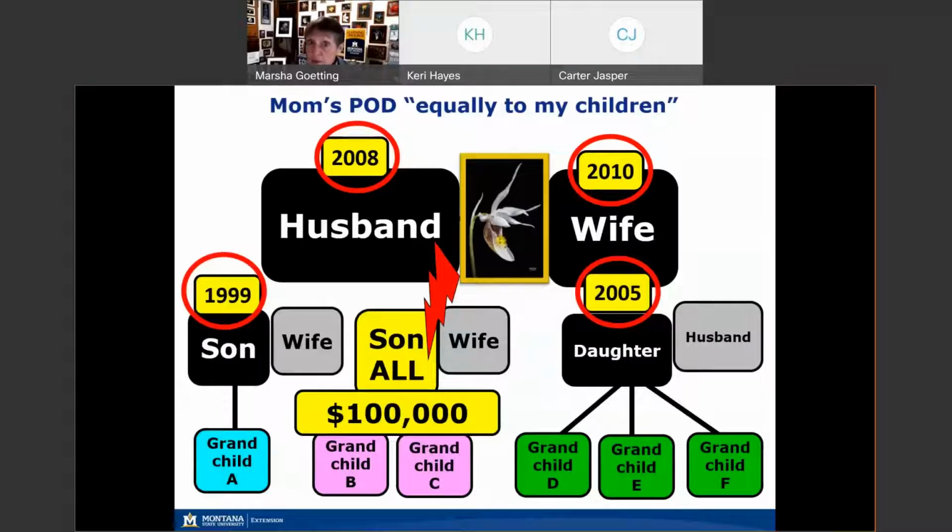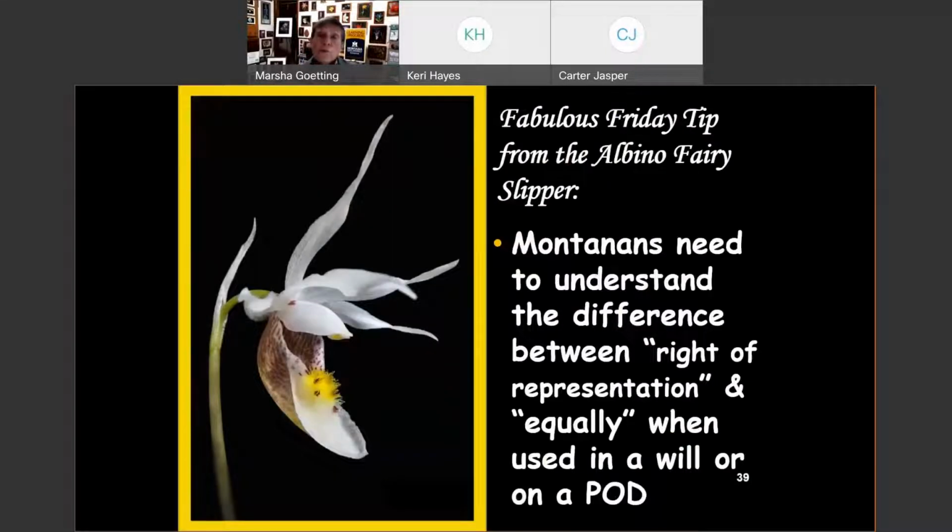So that's the difference, and it's very important to know that so that you're not unintentionally disinheriting a grandchild when you want to recognize that grandchild. So the Fabulous Friday tip is, I think that Montanans and you out-of-staters as well, you need to know what is the difference between right of representation and equally.